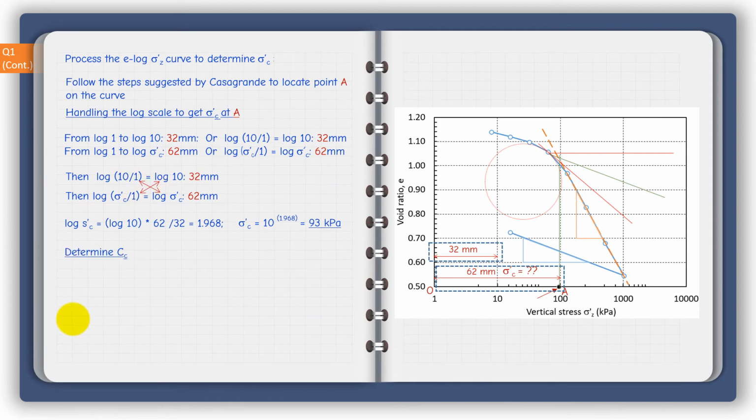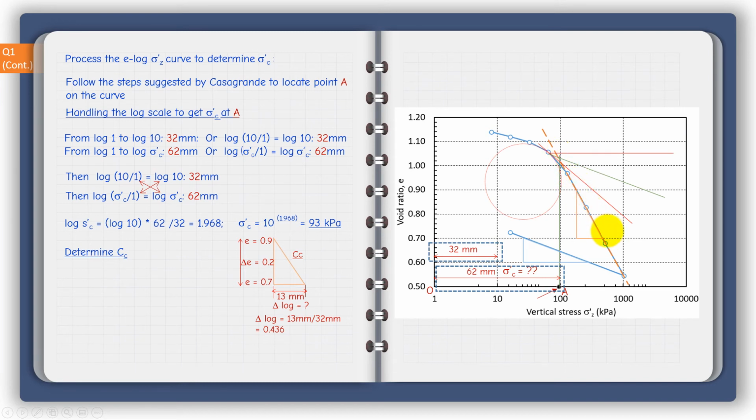The next step is to determine the compression index, C sub C, which is the slope of this line here. And also for C sub S, the swelling index, it is the slope of that line here. So we need to be smart in processing this.